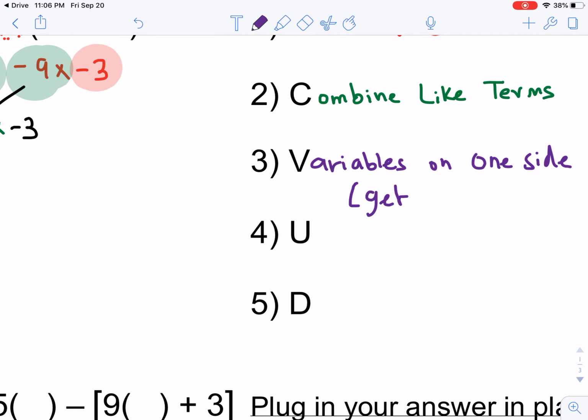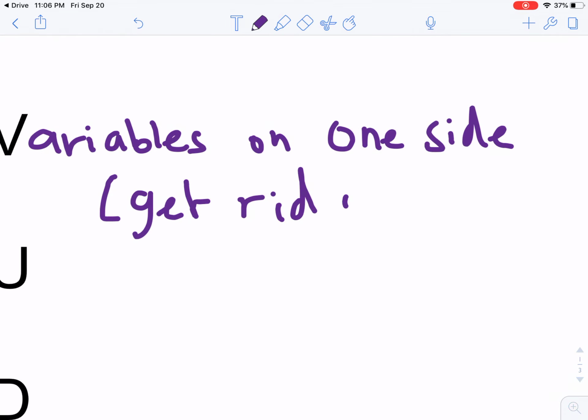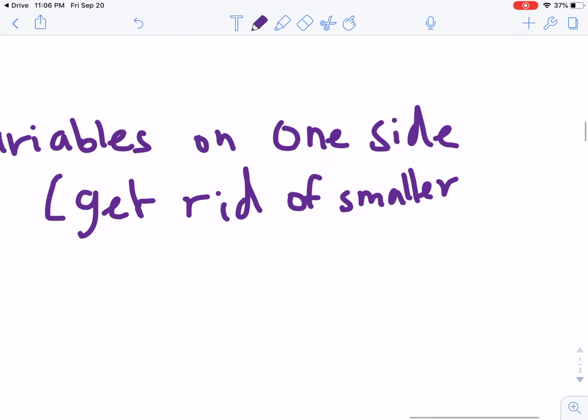Get rid, let me zoom in, of smaller group of variables.